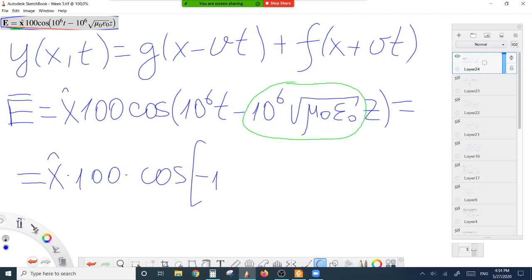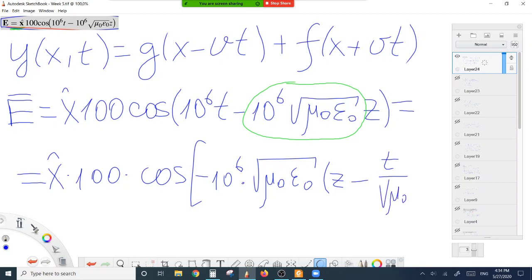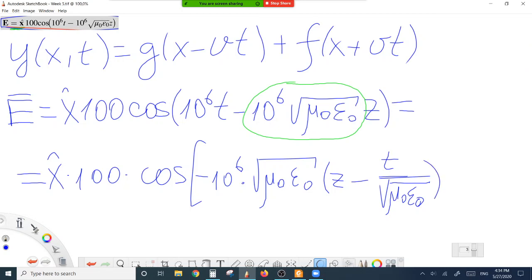This term is minus 10 to the power 6 multiplied by the square root of mu 0 epsilon 0, and we get z minus t over, so t over mu 0 epsilon 0, and is equal.